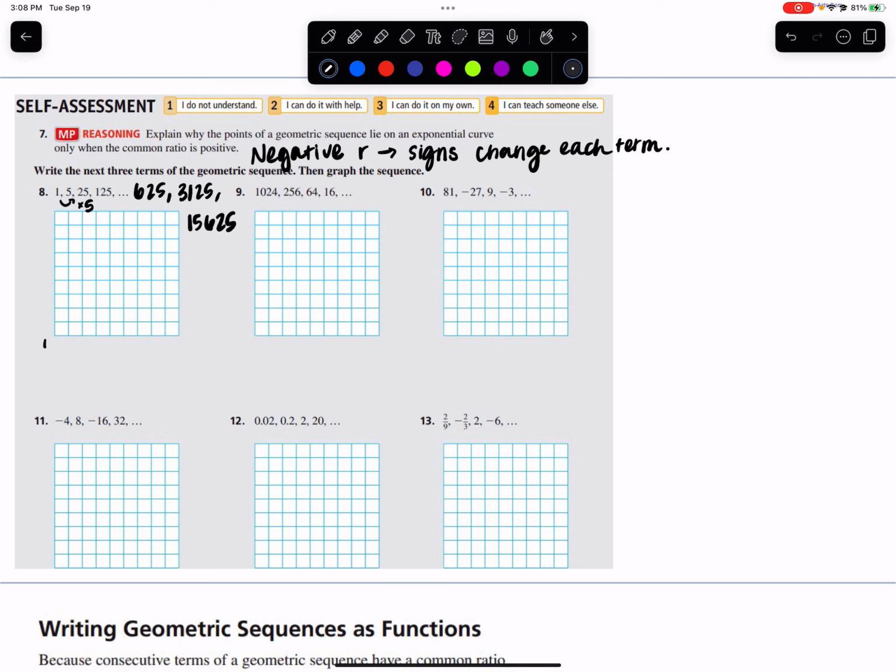Graphing your sequence. So I would have used, we'll say 25s. 75. So we can get at least a few terms in there.